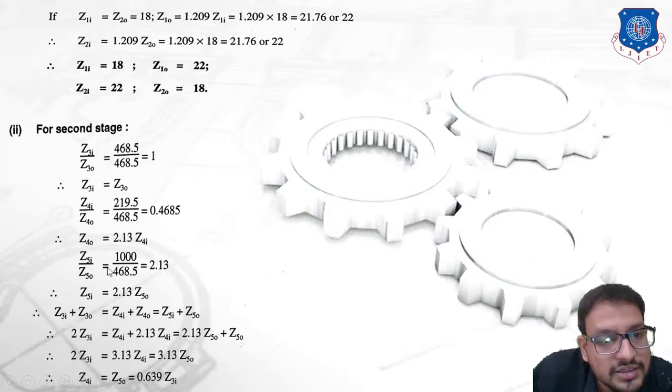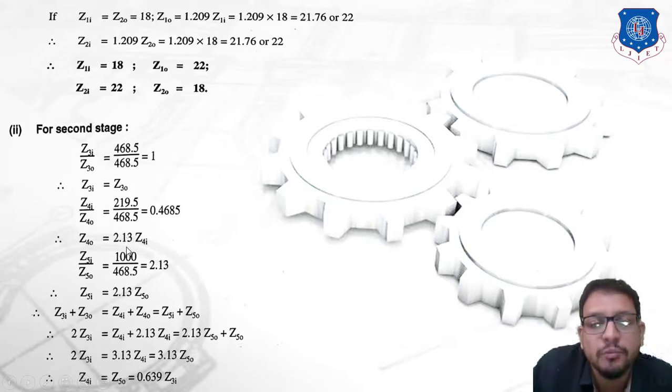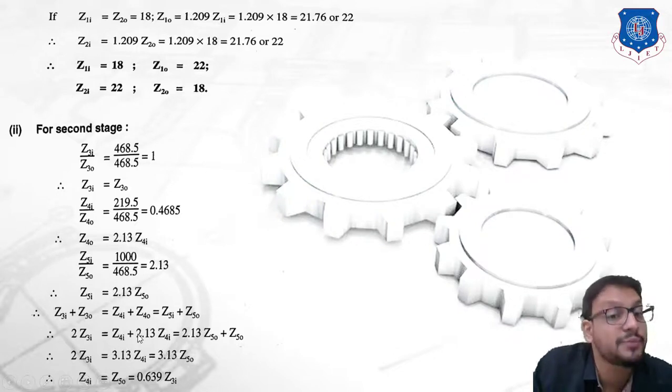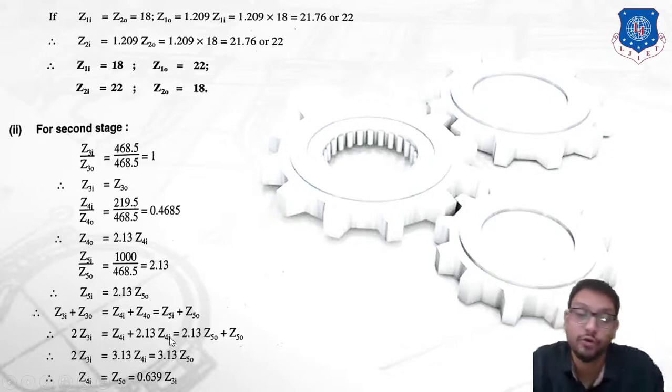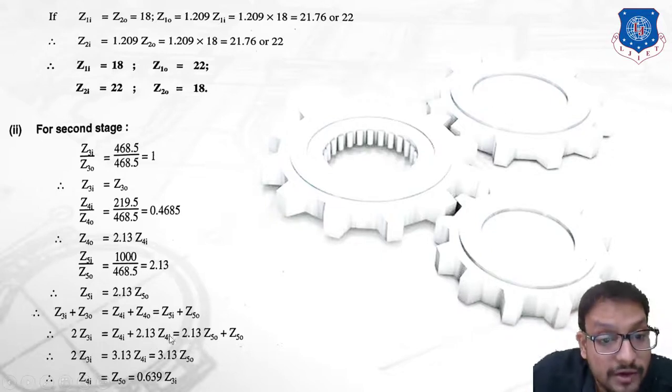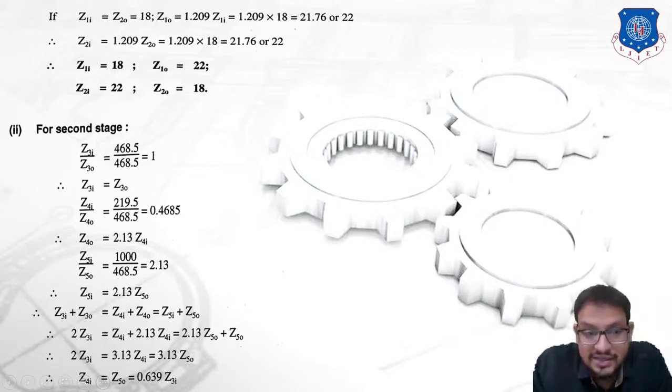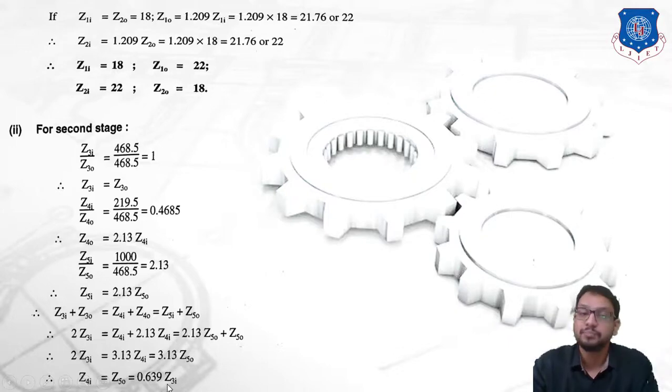Now since we know the relation, Z4o is equal to 2.13 Z4i, I have substituted the value of Z4o, so it becomes Z4i plus 2.13 Z4i, which is equal to Z5i plus Z5o. Now Z5i, again we have determined from the relation, is equal to 2.13 Z5o, so it is 2.13 Z5o plus Z5o. So the final relation you can clearly see is Z4i is equal to Z5o is equal to 0.639 Z3i.